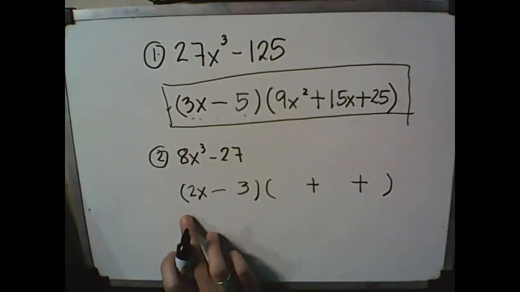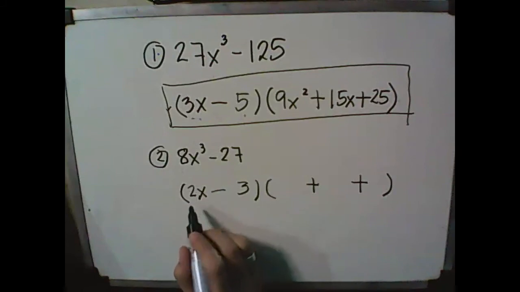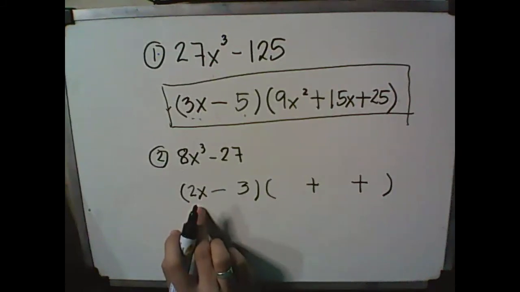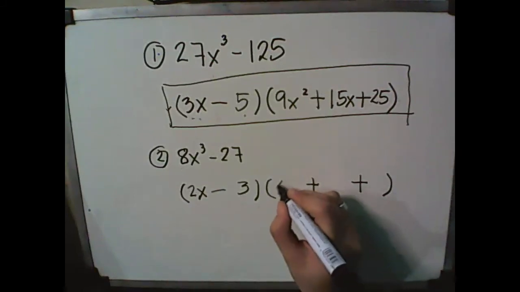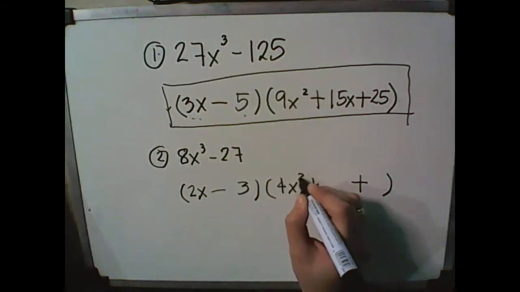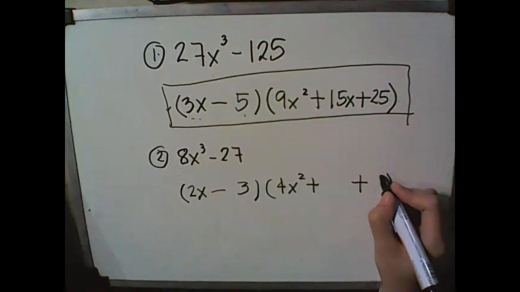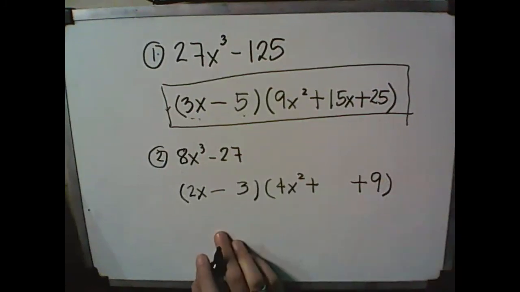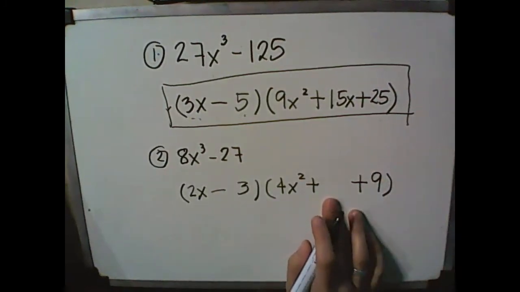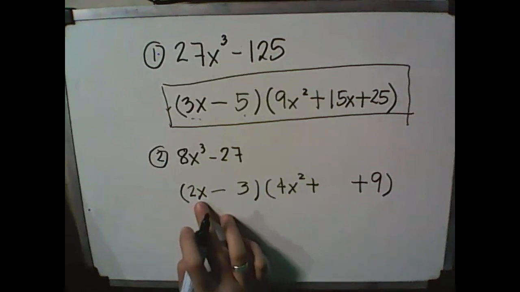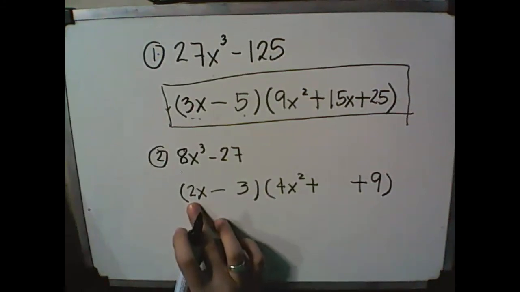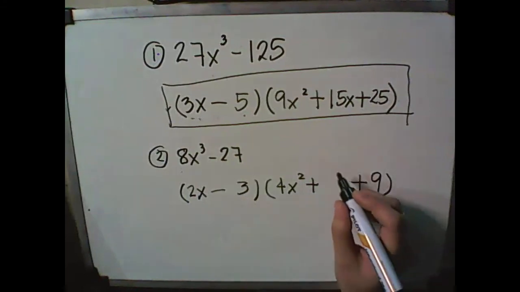First term, square the first. Square natin yung first term natin, which is 4x squared. Our last term, square the last, that is 3 raised to 2 is 9. Then when it comes to middle term, you multiply the first and the last term. 2x times 3, that is 6x.